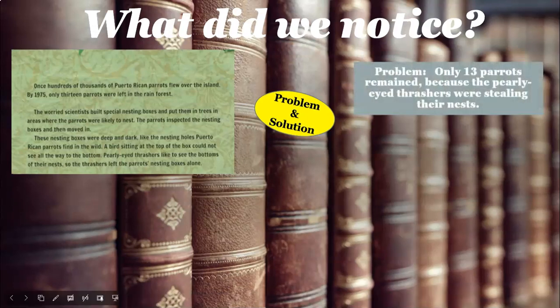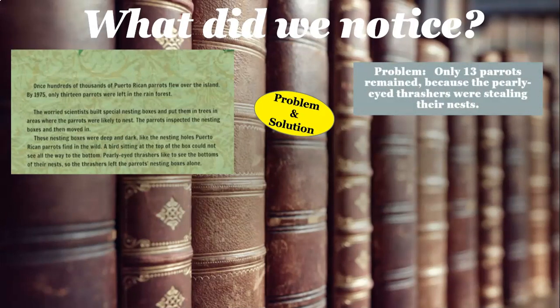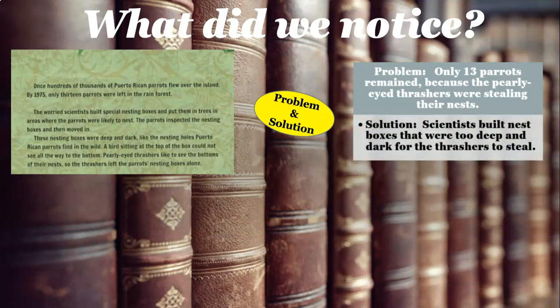If you guys said that the problem is only 13 parrots remained because the pearly-eyed thrashers were stealing their nest, that's the problem. That's a big problem for Puerto Rican parrots. But then the solution is presented that scientists built nest boxes that were too deep and too dark for the thrashers to steal. So I think that's a very good example of problem and solution.